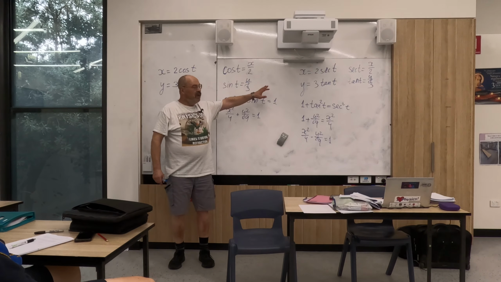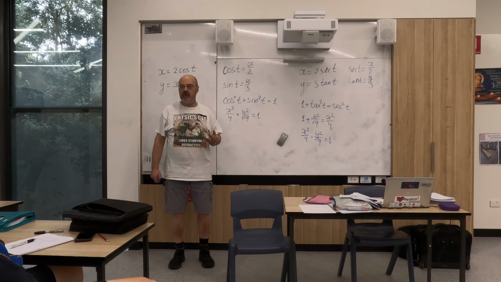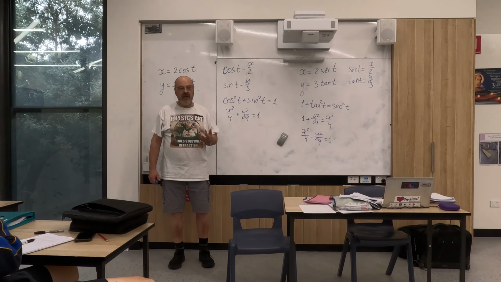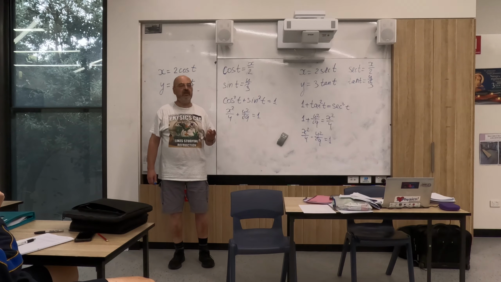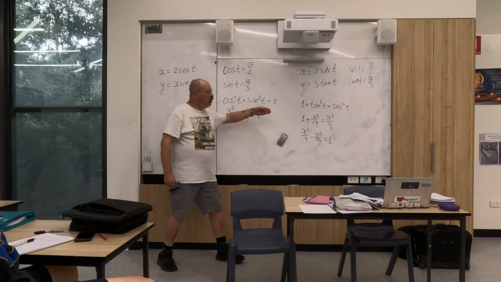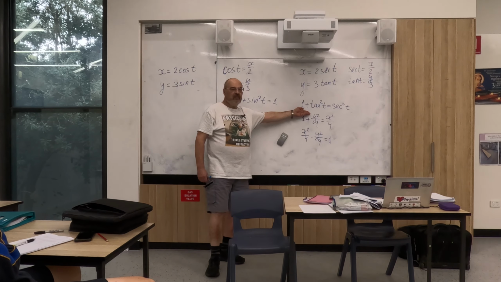When you have x and y expressed through trigonometric functions, through circular functions, you need to think which identity you can use. There are only 2 of them that you might use. One is the Pythagorean identity, sine squared plus cos squared equals 1, or this identity, 1 plus tan squared equals secant squared. Only those two.